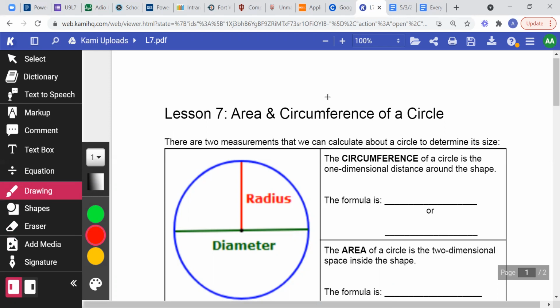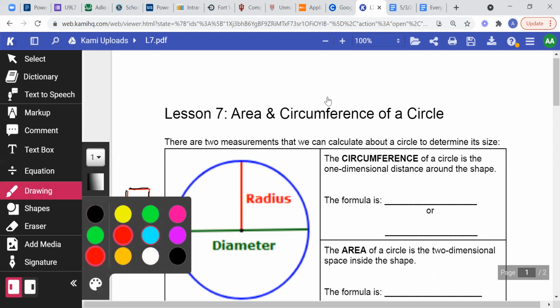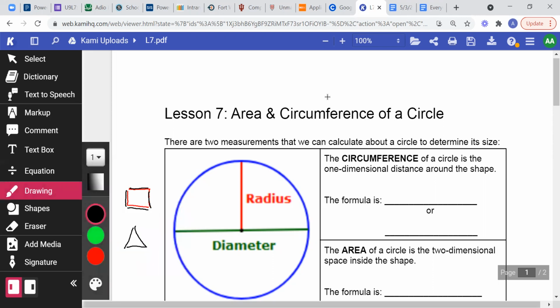So when you are finding the perimeter of a rectangle, it's about your total motion around that rectangle, which means this side plus this side plus this side plus this side. And if it's a triangle, the perimeter is the distance from this side.